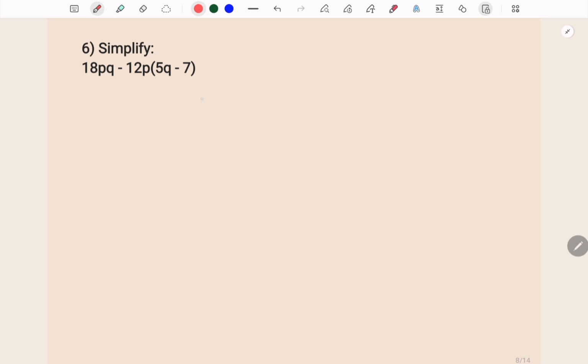Okay, here we have 18pq minus 12p multiplied by 5q minus 7. Okay, so we have a bracket here and we need to know how we can open this bracket, how the multiplication will be carried.